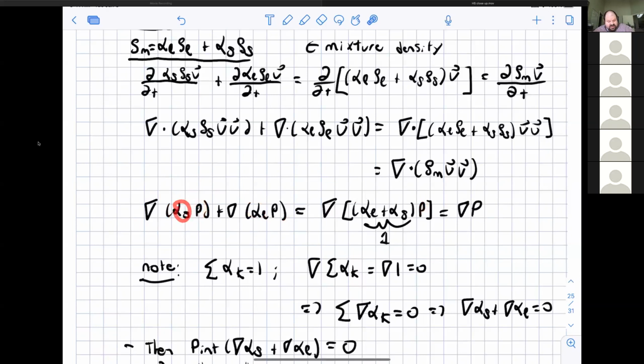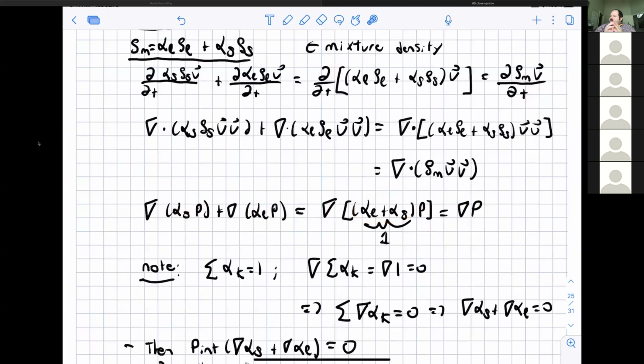We've got alpha G and alpha L, and now the sum of the volume fractions has to be 1, as was stated earlier. And so this term just goes to 1. And the sum of these two pressure gradient terms just becomes the gradient of pressure in the normal sense.